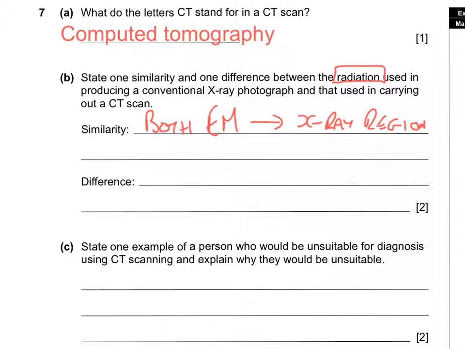Imagine X-ray is like your camera flash going off and illuminating the scene, whereas the CT scan is more like having a video on for a period of time. So it's scanning for longer, so the X-rays have to be on for longer, and you're going to get a larger dose of X-rays with a CT scan.